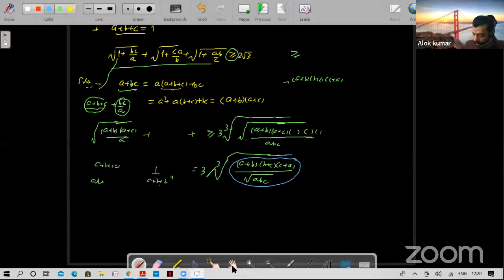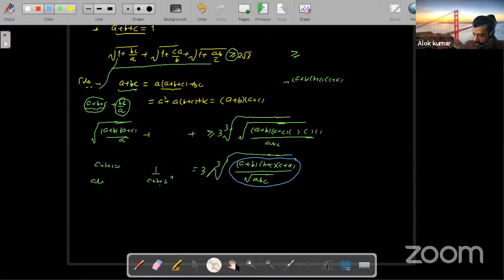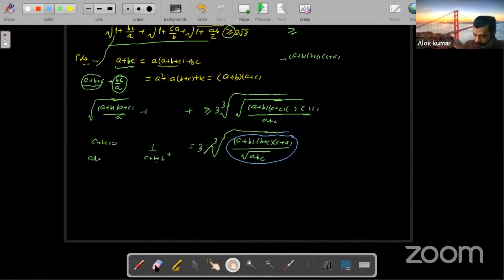Now, in an attempt, I will ask myself how to connect ABC with a plus b plus c. We know that this answer is 8 ABC, but we have got root ABC.